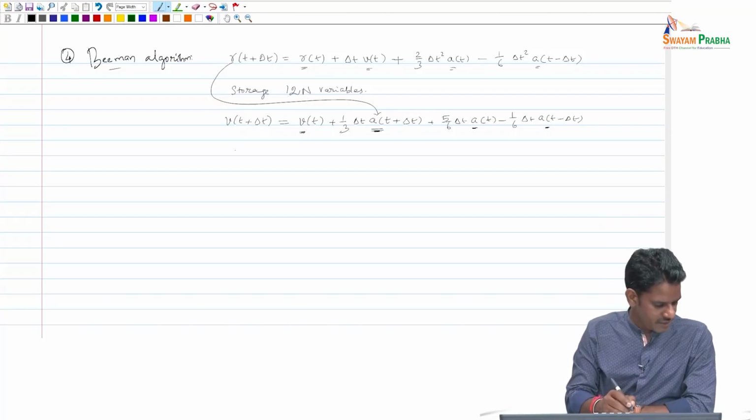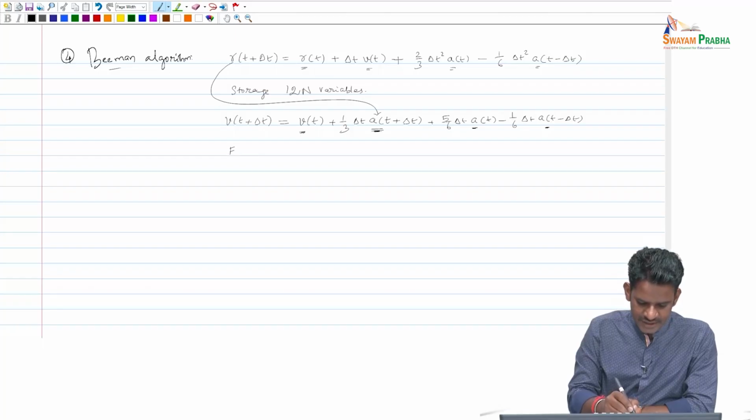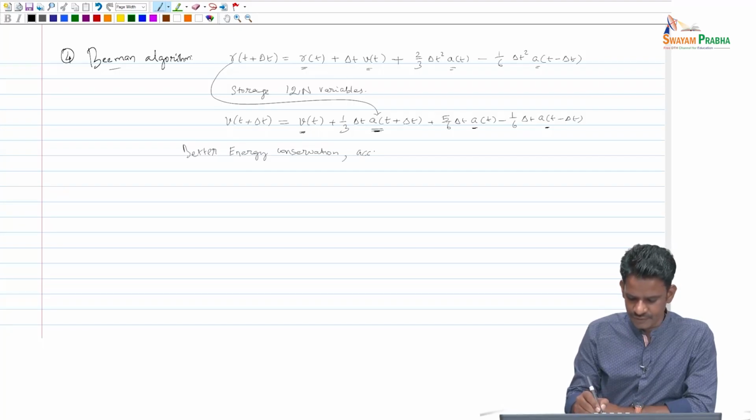So, the energy conservation is much better in this case. So, better energy conservation and accuracy, of course.